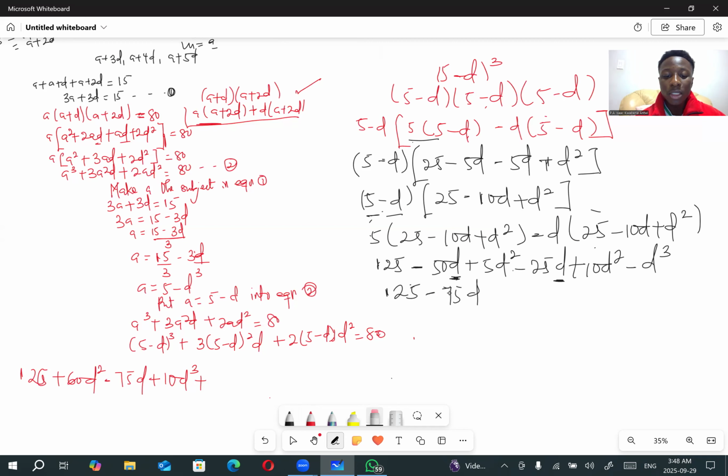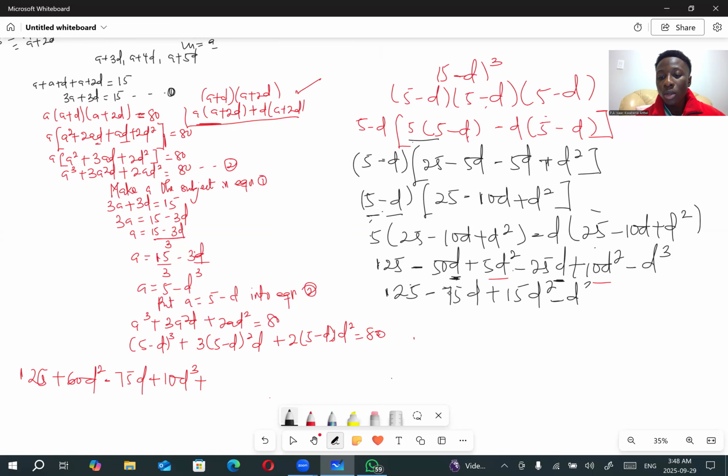So 5d squared plus 10d squared are also like terms. So 5 plus 10 is what? 15. So plus 15d squared. Now I think we're done.